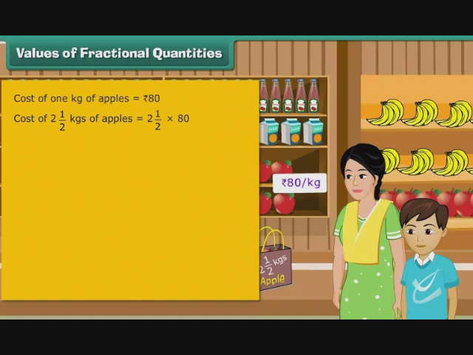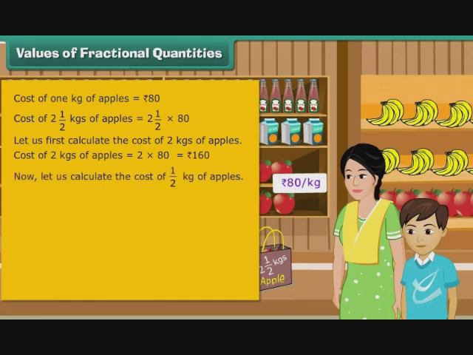2.5 multiplied by 80. Let us first calculate the cost of 2 kgs of apples. Cost of 2 kgs of apples is equal to 2 multiplied by 80, which is equal to Rs 160. Now, let us calculate the cost of half kg of apples.